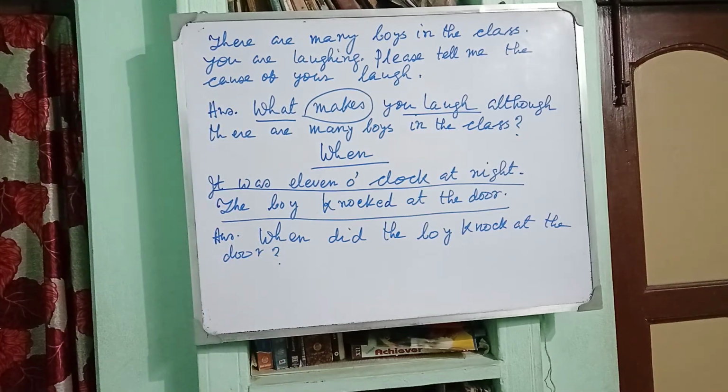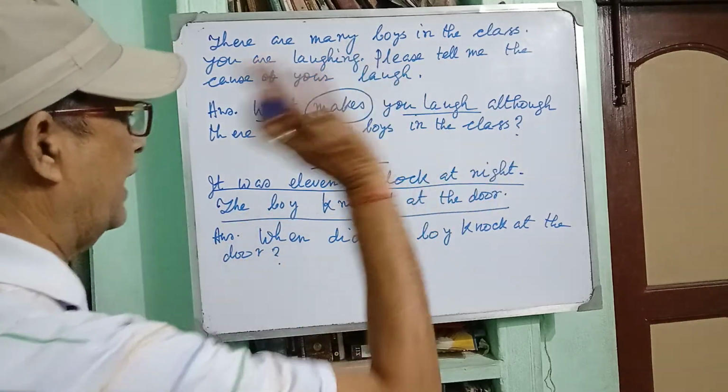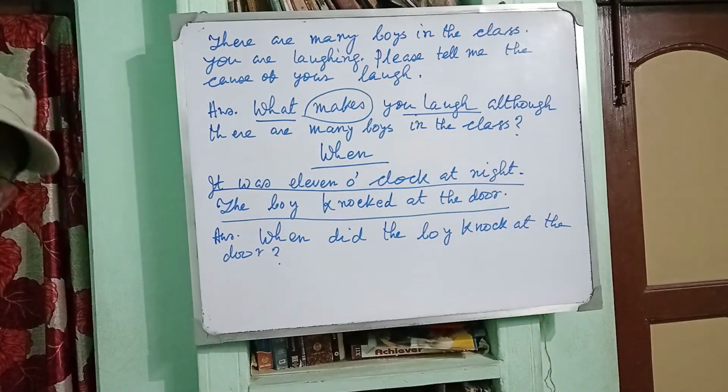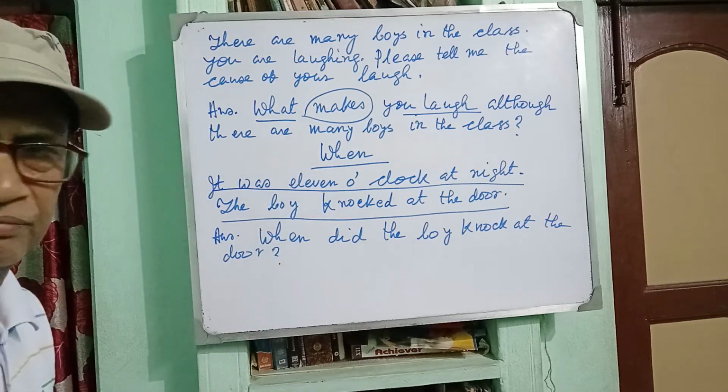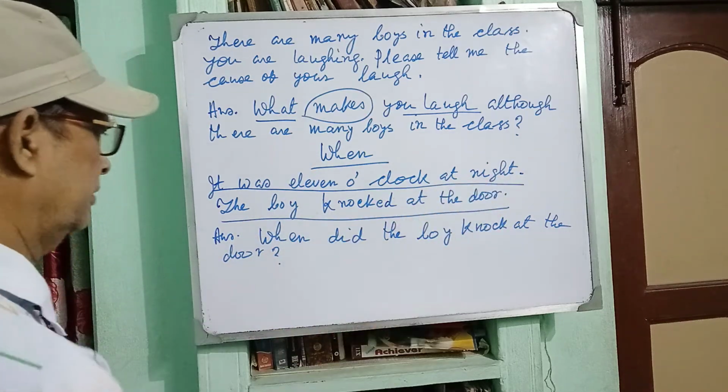What is the answer? The answer is, it was 11 o'clock at night. So the answer can be easily found within the sentences given. It was 11 o'clock at night. The boy knocked at the door.